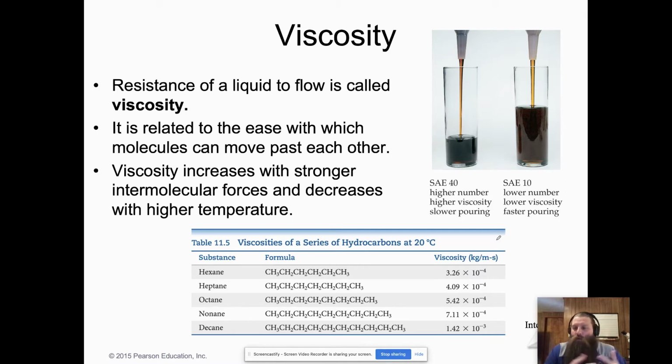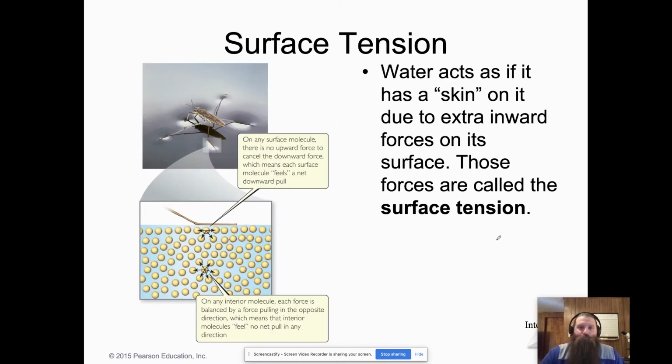If you wanted to pour molasses, the easiest thing to do would be to take your jar of molasses and stick it in hot water for a little while and heat the molasses up, and then you try to pour it. It pours much quicker than if you try to pour cold molasses. All right, so that's viscosity. Viscosity increases with stronger intermolecular forces.